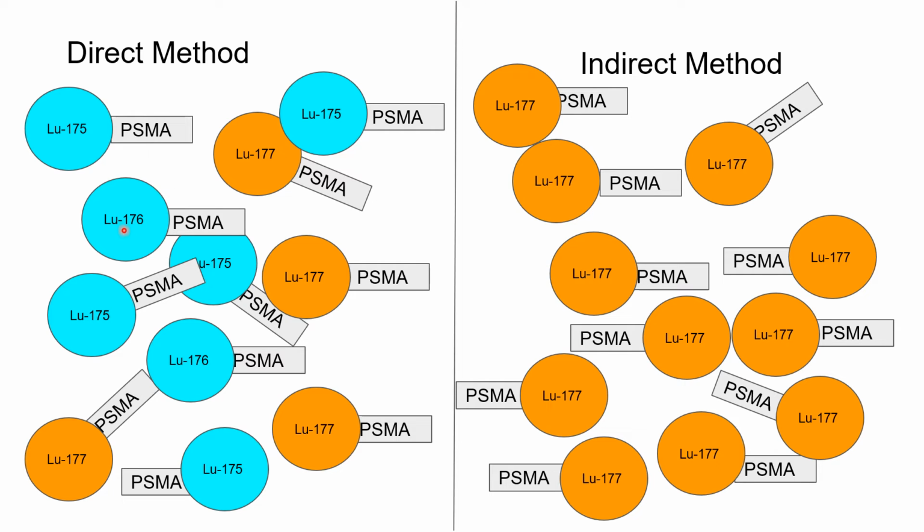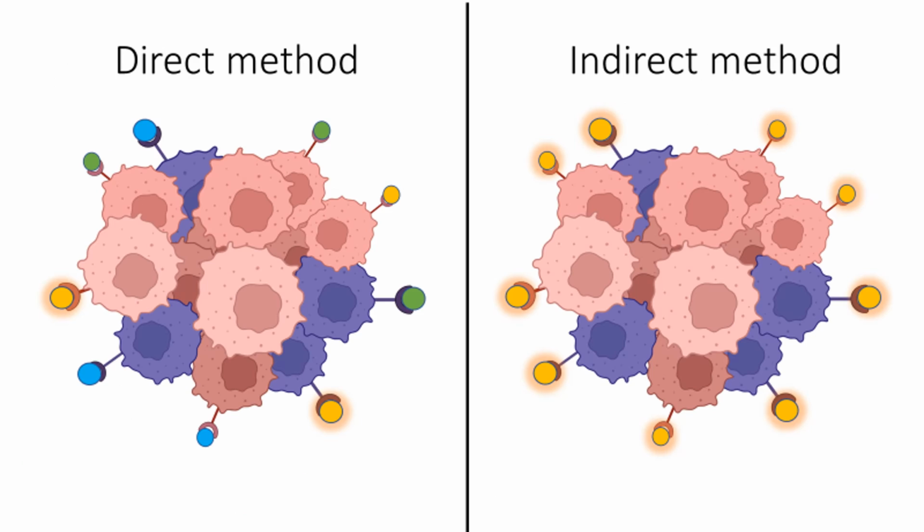When there is cold lutetium, the PSMA will bind to it exactly the same as lutetium-177, because they behave the same when they are isotopes of one another. The indirect method, no problem. Then you go to your tumor. This is where we eventually end up to treat, and you will see all the different lutetium PSMAs are binding. If they're radioactive or not, that doesn't make a difference.